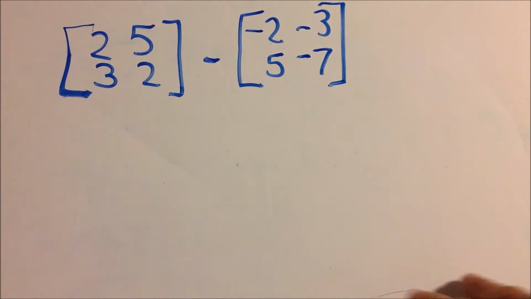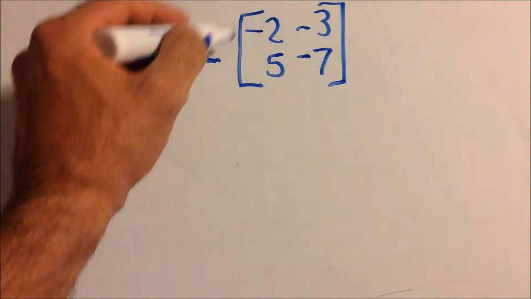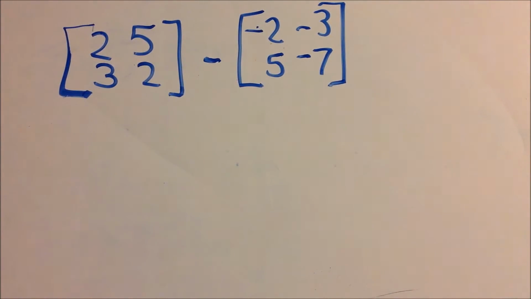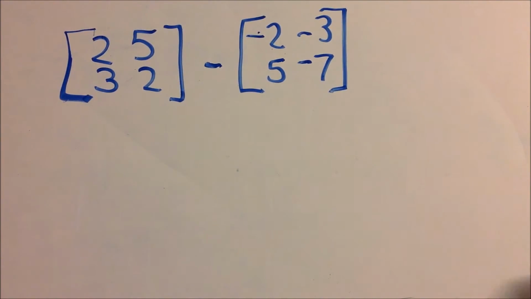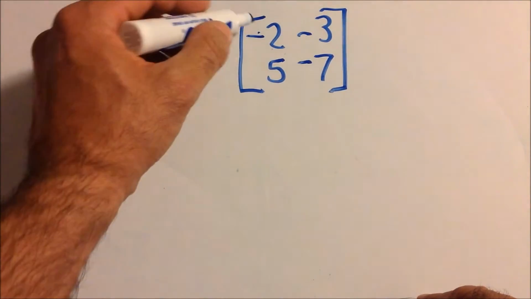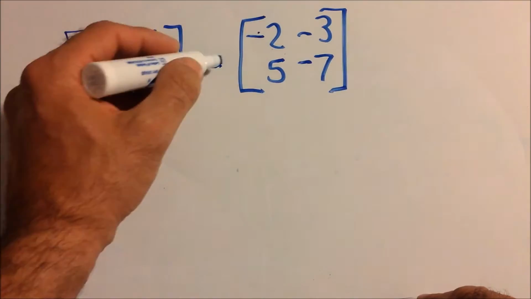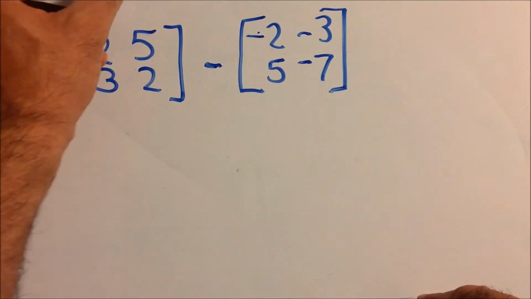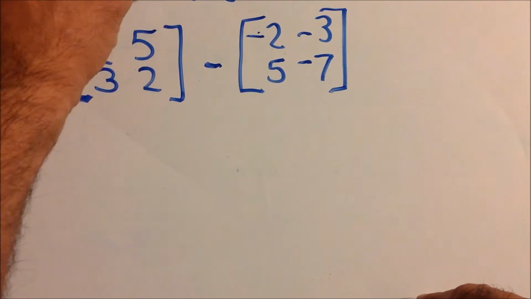So we just minus. Be careful here when you're minusing. 2 minus minus 2. Remember what we do with subtraction. Keep change, change. So this will actually be 2 plus plus. So 2 minus negative 2 is actually 2 plus 2.